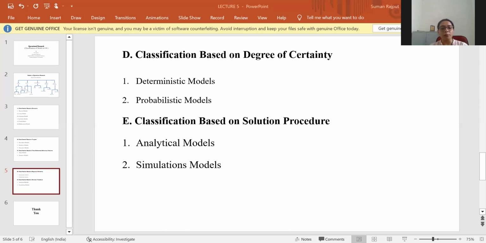Then next we have a probabilistic model. The model in which at least one parameter or decision variable is a random variable is called a probabilistic model. The independent variable is a function of dependent variables. This means the payoff due to certain changes in the independent variable cannot be predicted with certainty.